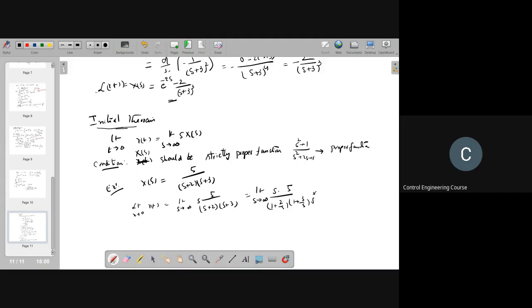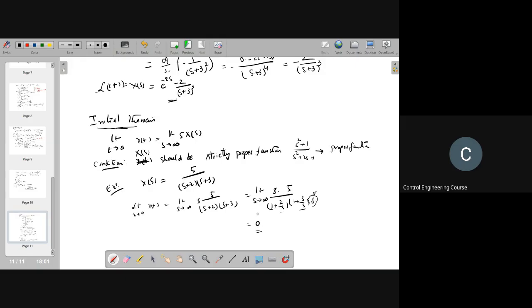This is the answer. So this value will be 0, this is 0, this is 0. Then we have one more s here. So s tends to infinity means you will have this is 0.